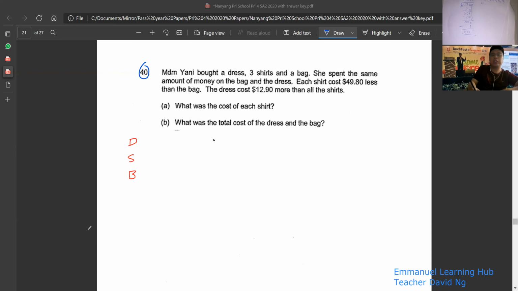Okay, dress, shirt, and bag, right? Then you say bag and dress, same amount, right? Yeah. Shirt. Each shirt costs $49.80 less than the bag.